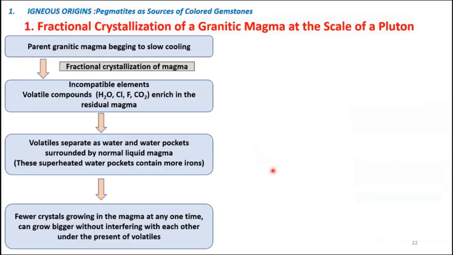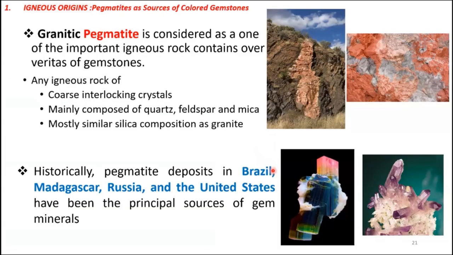When you are considering these granitic pegmatites, they can act in various ways. For example, it is a 100% mineable rock. Here you can identify large grains of quartz and feldspar. These large quartz and feldspar we can mine for different industries, so we call them industrial minerals, like quartz, feldspar, mica.